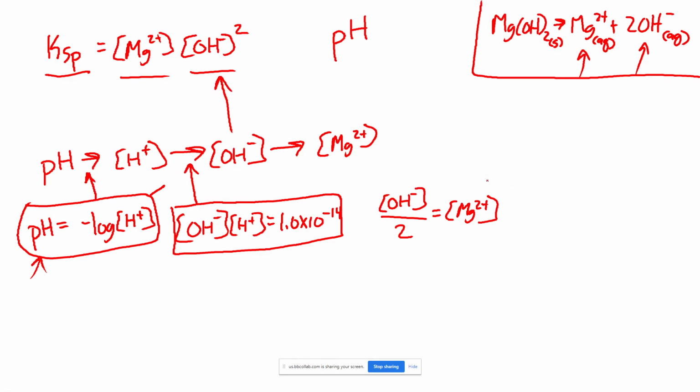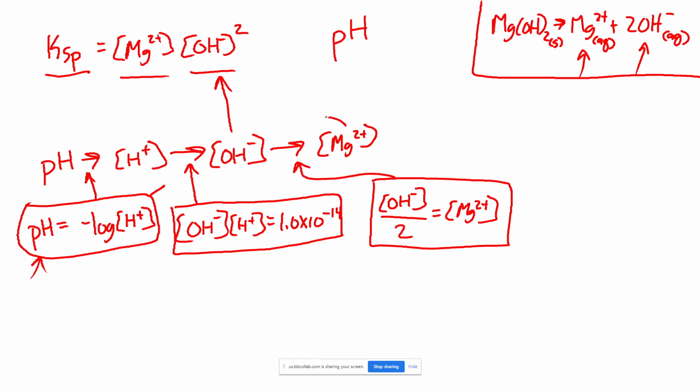Just take whatever the concentration of OH minus is, divide it in half, and that's the concentration of the magnesium. Because again, it's a 2-to-1 ratio in our equation here. For every 1 magnesium that is made, we get 2 OHs. So whatever the concentration of OH is, just divide that by 2, and that's the concentration of magnesium.